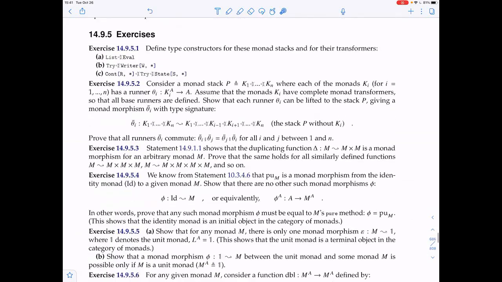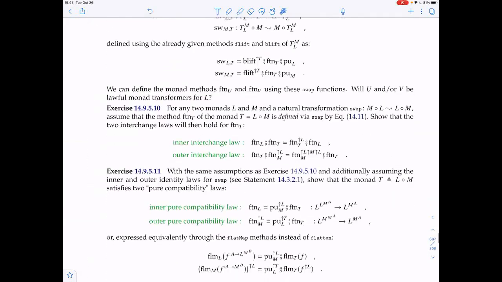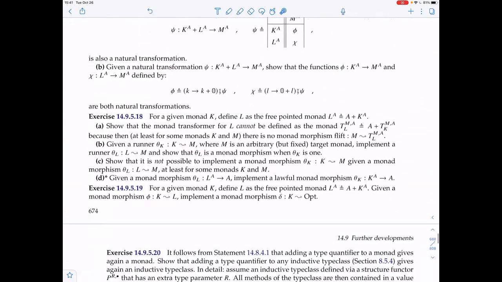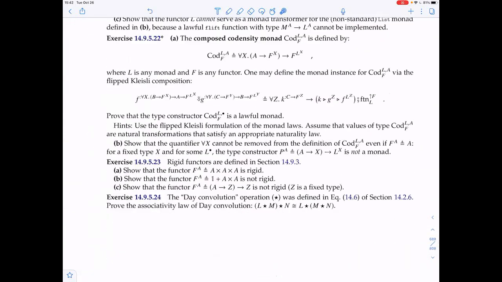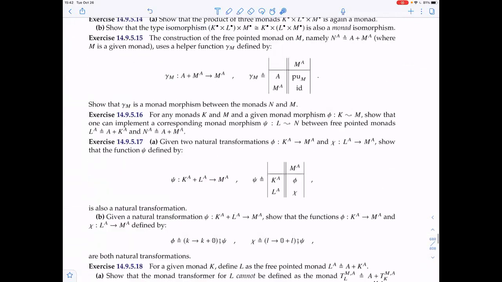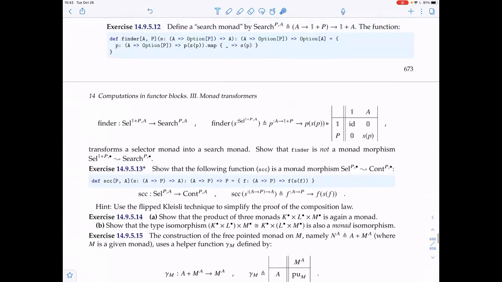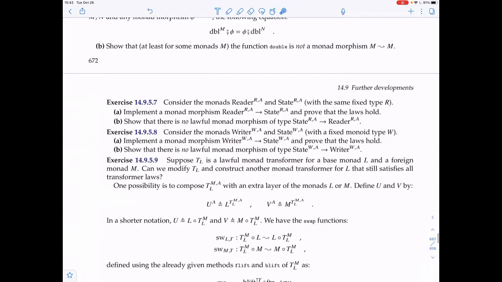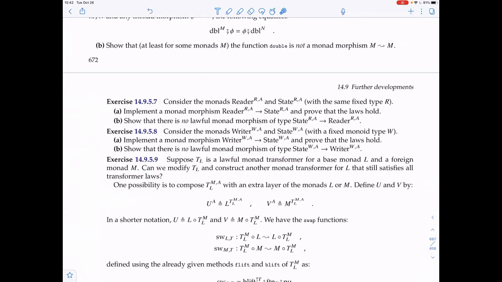So that concludes this chapter. I add a few exercises that look at the properties of some monads. Most of these exercises are quite advanced, and some of the proofs actually have been much longer than I expected.